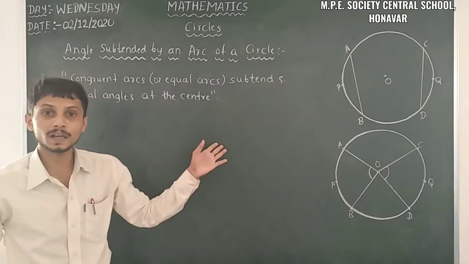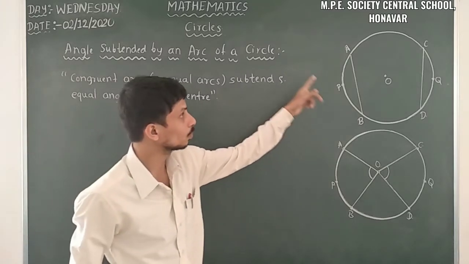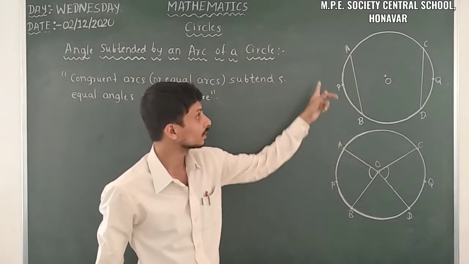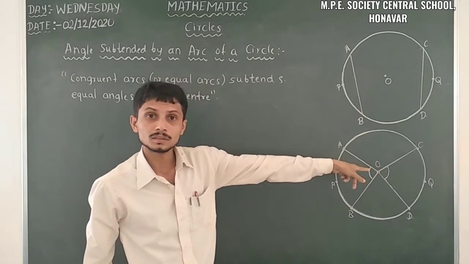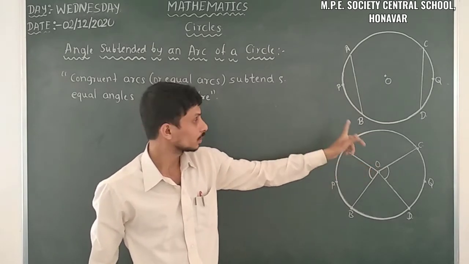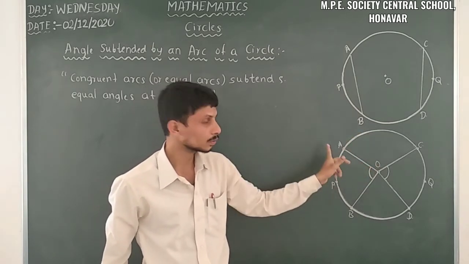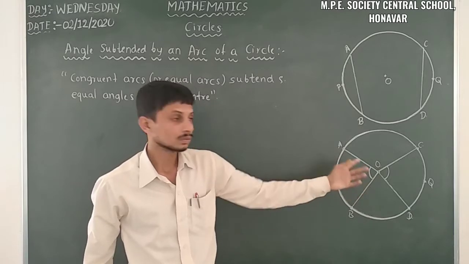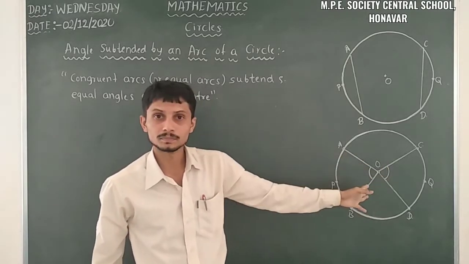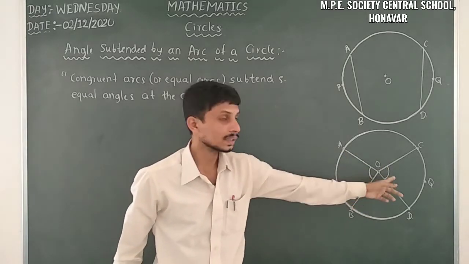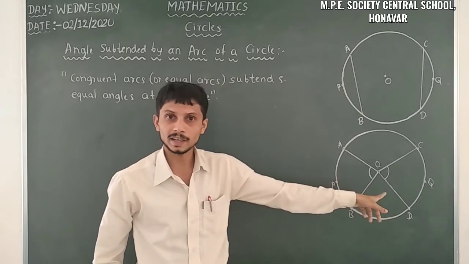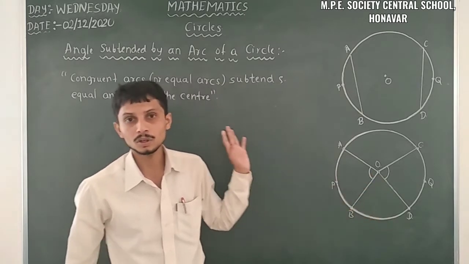That means we already learned that when two chords are equal, the corresponding arcs are equal. So when the arcs are equal and we join those two arcs with the center, it subtends two different angles. Those two different angles are also equal here.